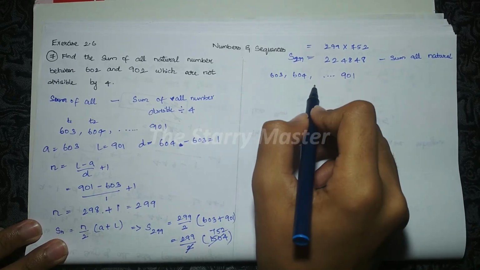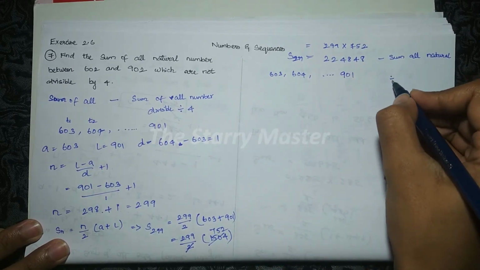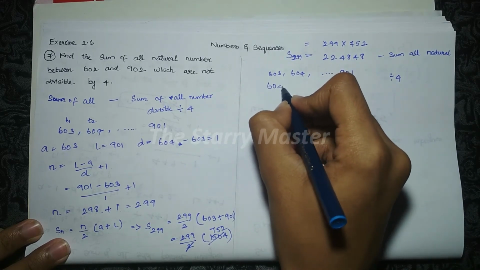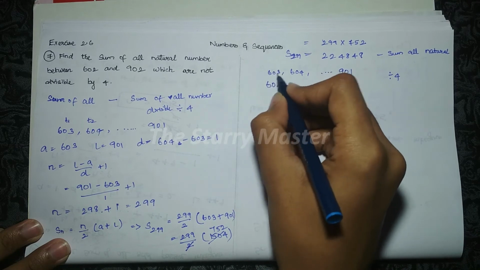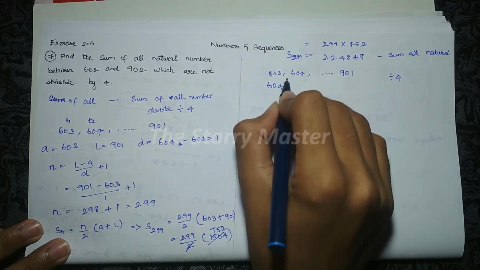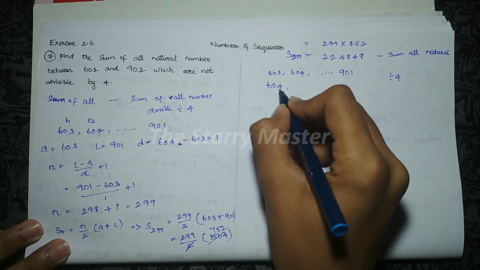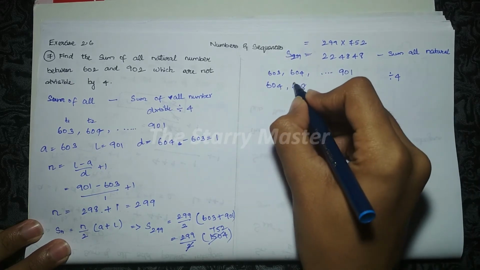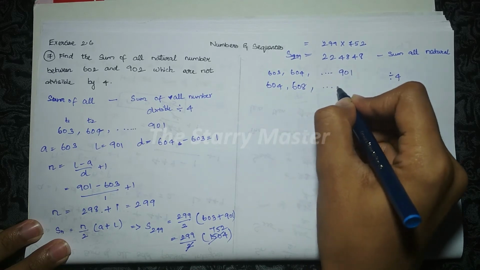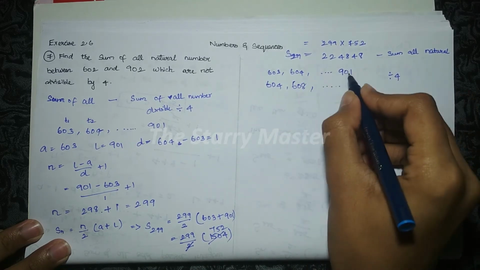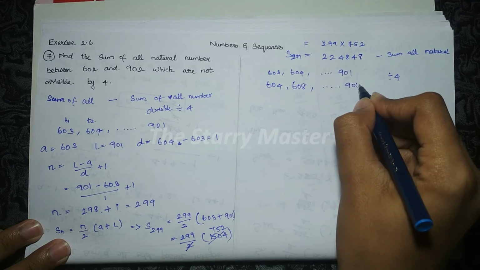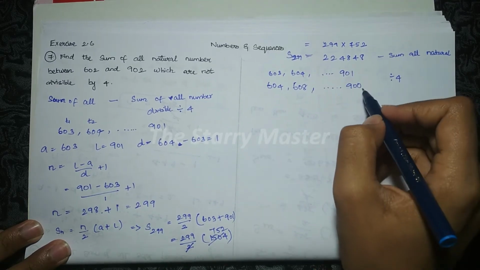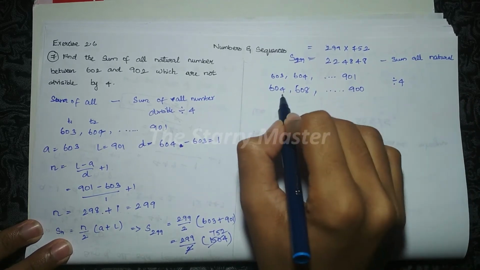The first number which is divisible by 4 is 604. 604 is divisible, but 603 is not, so we will leave that. The second number which is divisible is 608. Like that, the last number between these which is divisible is 900. 901 is not divisible by 4, so we will take only the numbers divisible by 4.